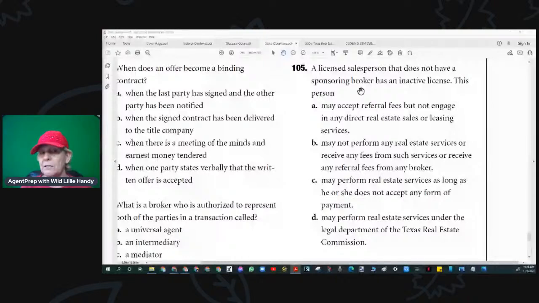You don't have a sponsoring broker yet. So what can you do when you are inactive? So sorry, I misread the question. I read the question correctly. However, I explained it wrong. The licensed salesperson is still in inactive status according to TREC.